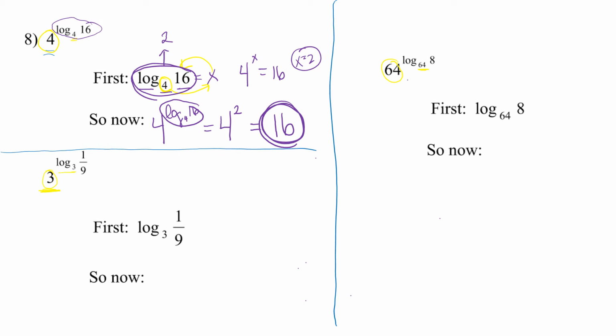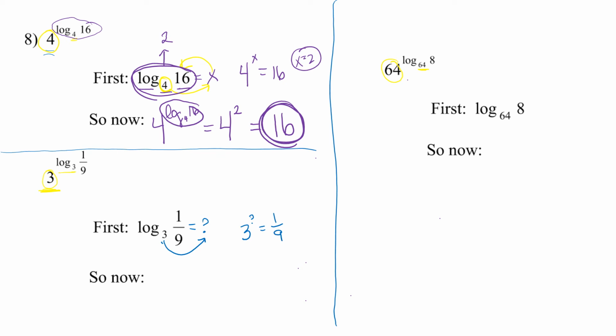So again, let's first figure out what this exponent is equal to. Let's do what is log base 3 of 1/9. We're going to do the exponent first. So this means that 3 to what power is equal to 1/9. Now, this is a little review here.